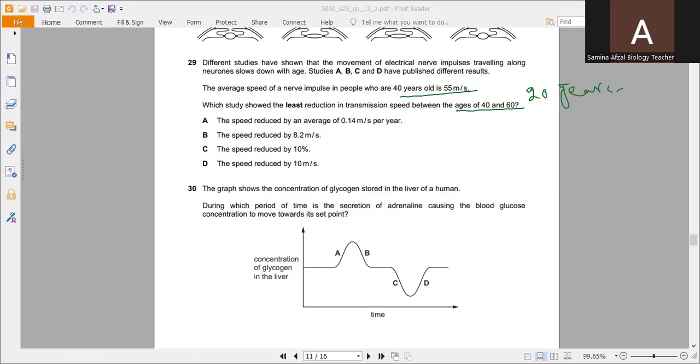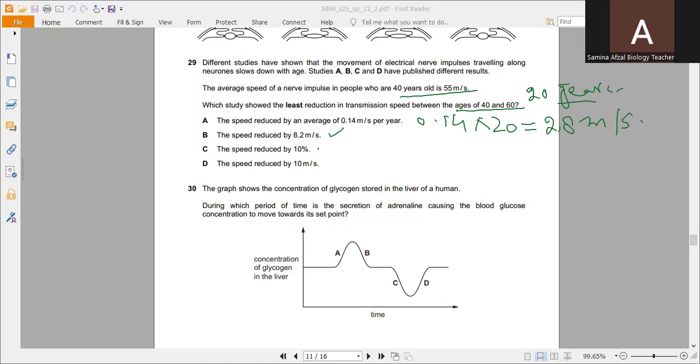So we will calculate it as a 0.14 average for about 20 years. 0.14 multiplied by 20 years will be equal to 2.8 meter per second. The second option is already given in meter per second. The third one is the speed reduced by 10%.